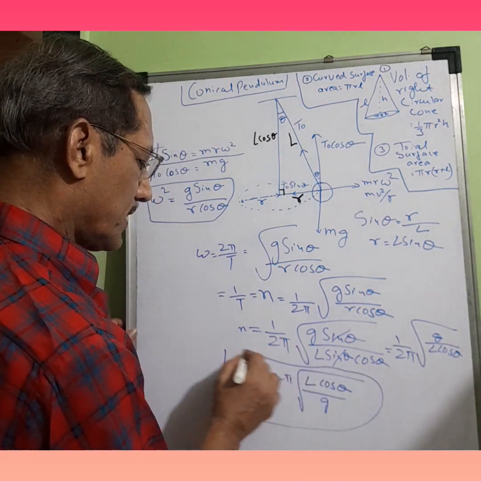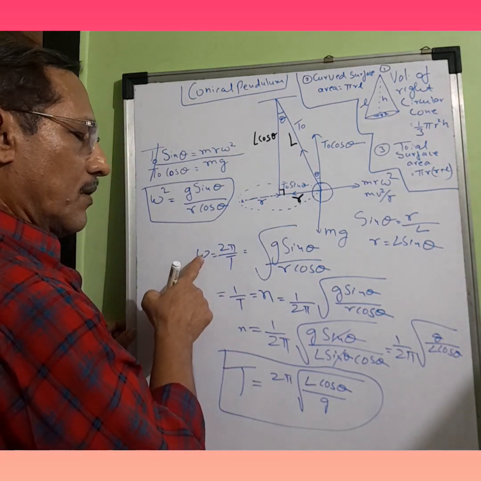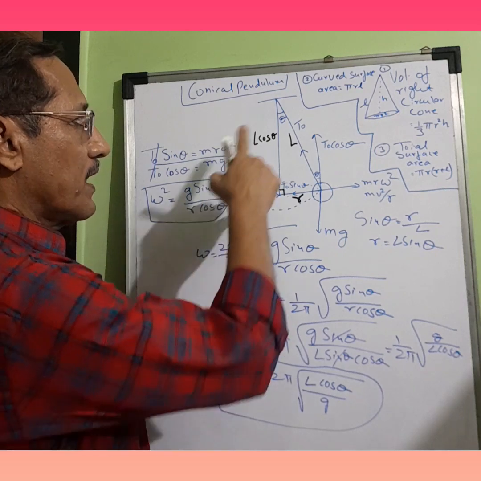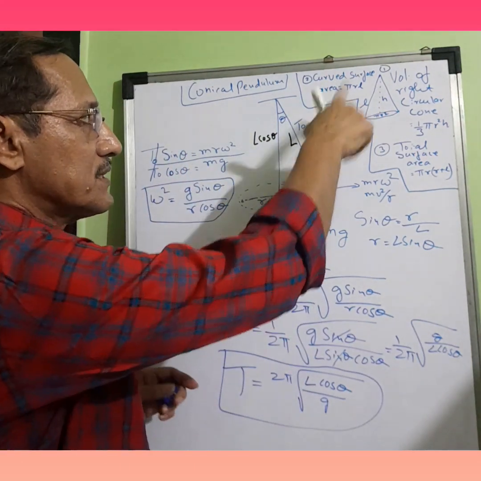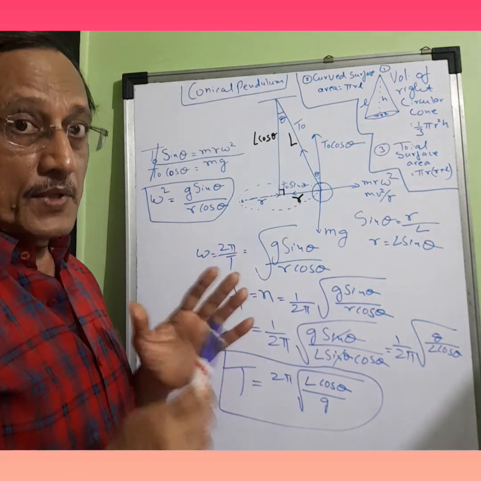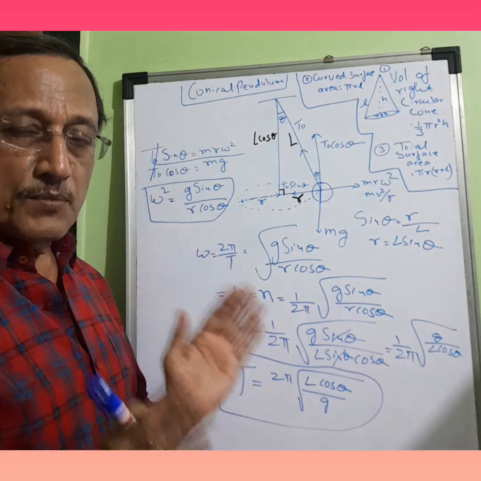So these all become the formulas for time period, for frequency, and for omega, angular velocity, and this is what is conical pendulum. And I again remind you, please keep these things in mind, because they may be asked anywhere in maths or in physics numericals. Alright.